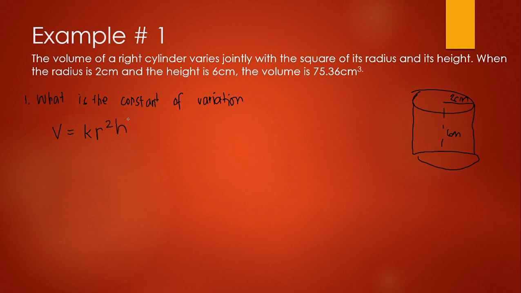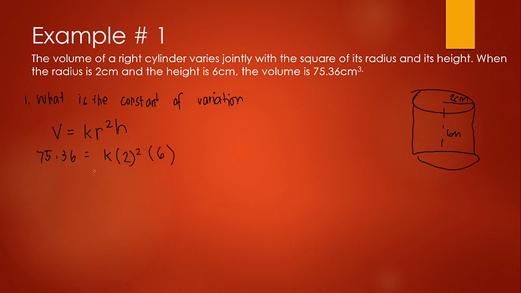By means of this equation, we can now look for the value of k, which is the constant of variation. We have to substitute the value of each term that we already know. So 75.36 is equal to k, that's what we are looking for. The radius is 2, so you put squared, and the height would be 6.